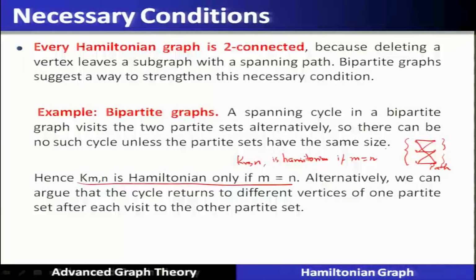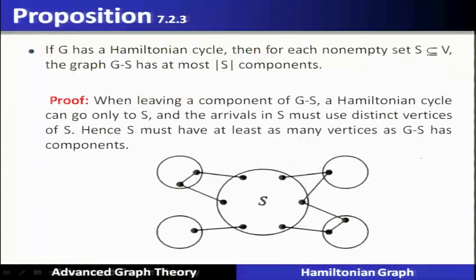Alternatively, we can argue that the cycle returns to a different vertex of one partite set, as we have seen here. It will return to a different partite set after each visit to the other partite set. Proposition. This proposition establishes the necessary condition for a graph to be Hamiltonian, or whether a Hamiltonian cycle is present in the graph or not.